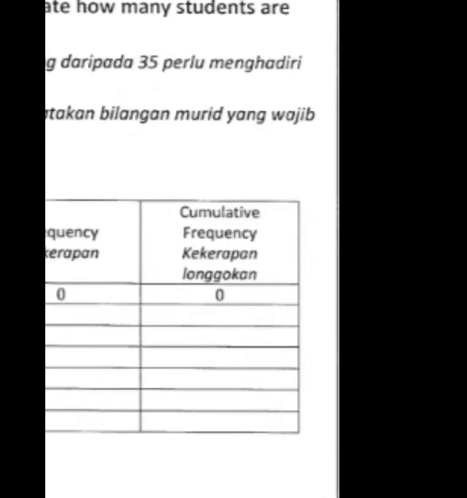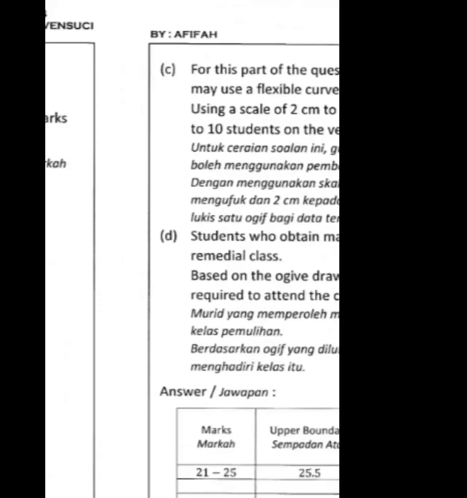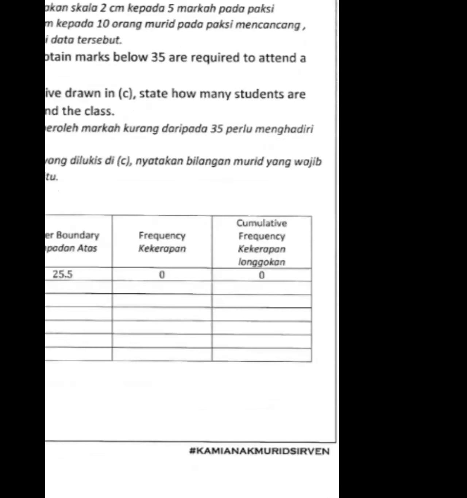And for the cumulative frequency, it is the sum of the frequency, like what I said just now. The first column they give you is 0, because the first column of frequency is also 0, so you just write back 0.